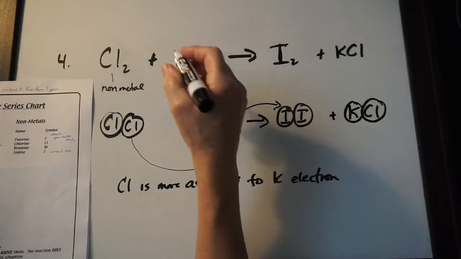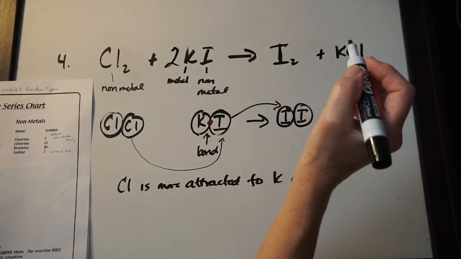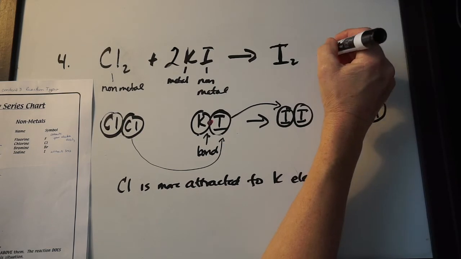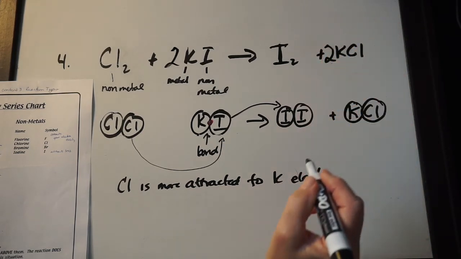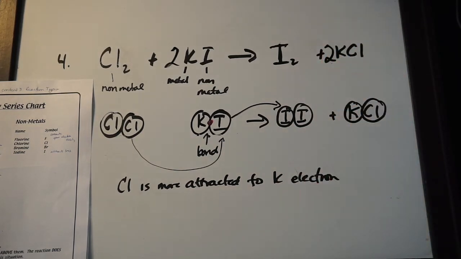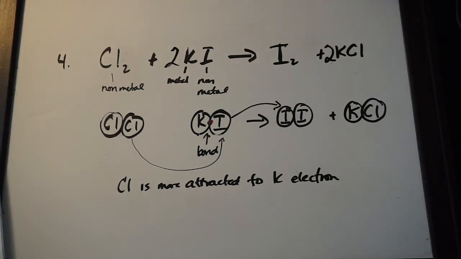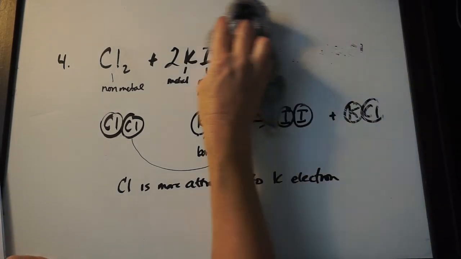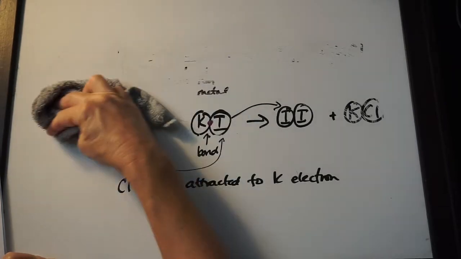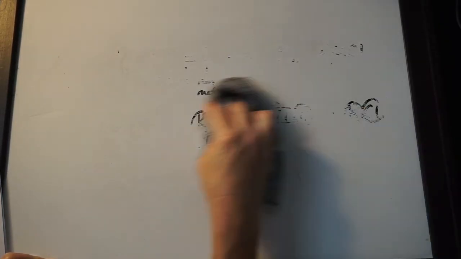It ends up being two potassiums and two potassium chlorides. So that's an example of how that reaction would work. You can pause this and write some notes if you need to. And it would work. This one would proceed. There would be a reaction that would happen.